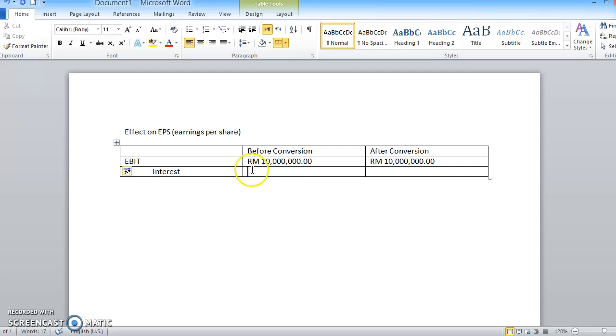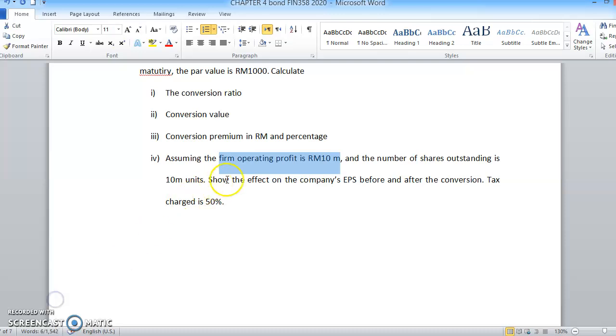Interest is not given in the questions, but you have to calculate it. So refer back to the question: the number of shares outstanding is 10 million units, show the effects on the company's EPS before and after the conversion. So tax charges is 50%. So how are we going to calculate the interest?